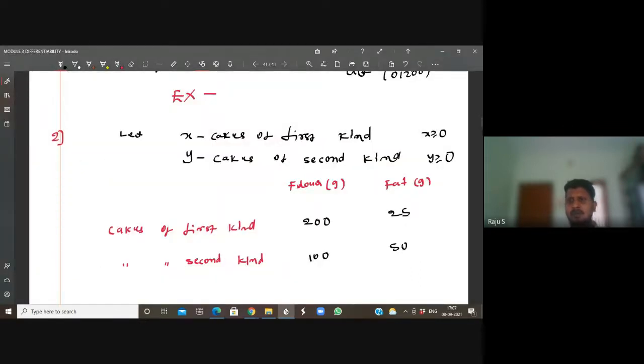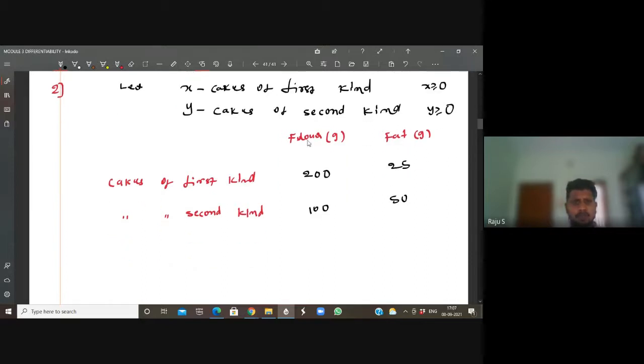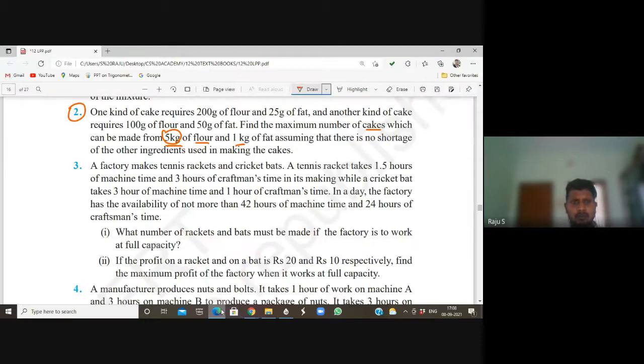So what is the availability here? Availability of flour and fat, this is in grams only, so we can convert it into grams. How many kgs are available? 5 kgs of flour.